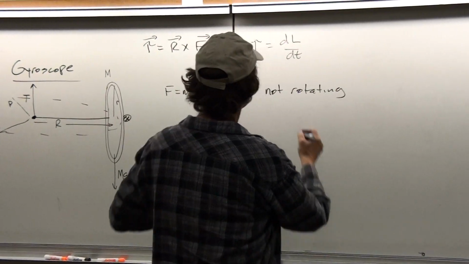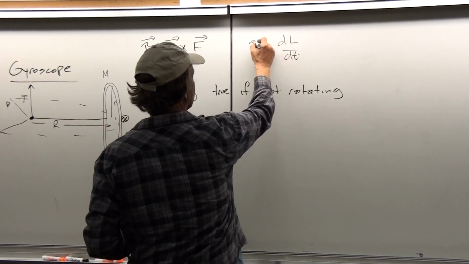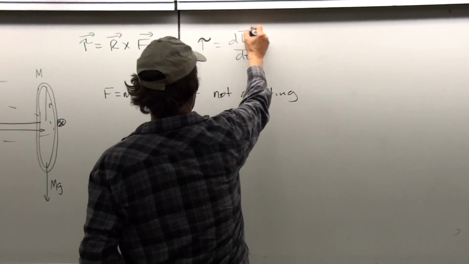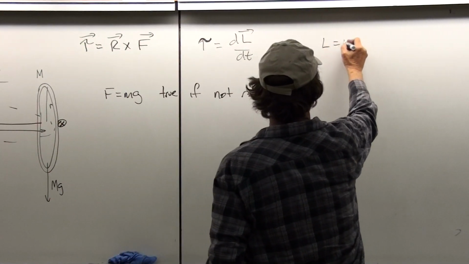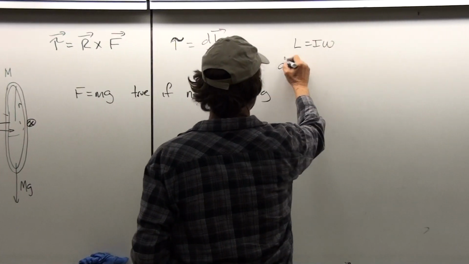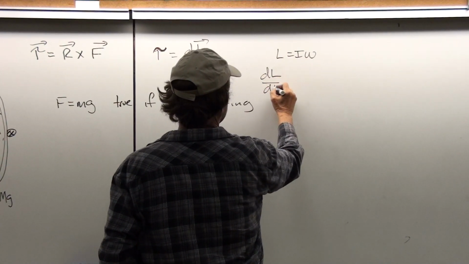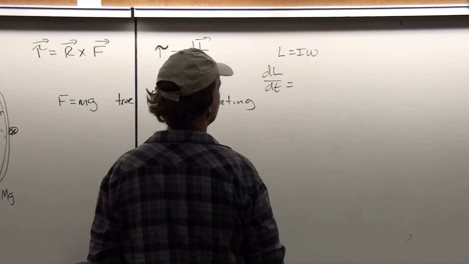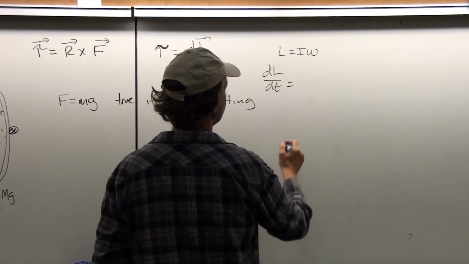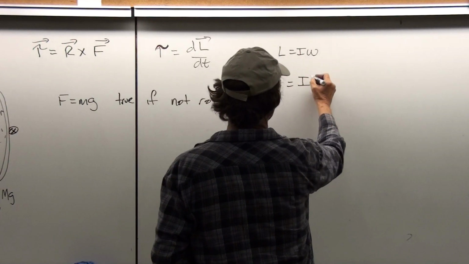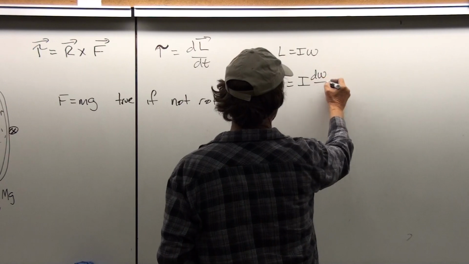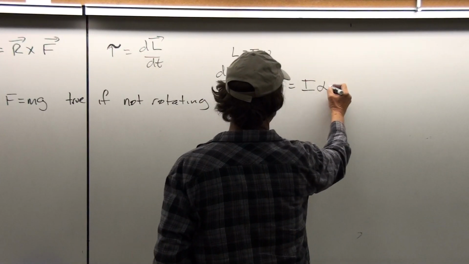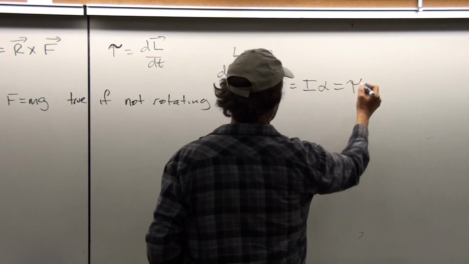Now this comes straight from the fact that if L is equal to I omega, then dL/dt is equal to first times derivative of the second plus second times derivative of the first. Let's assume here the moment of inertia doesn't change. So that would be equal to just first times derivative of the second, I times d omega/dt, where that's equal to I alpha. So that's equal to the torque.